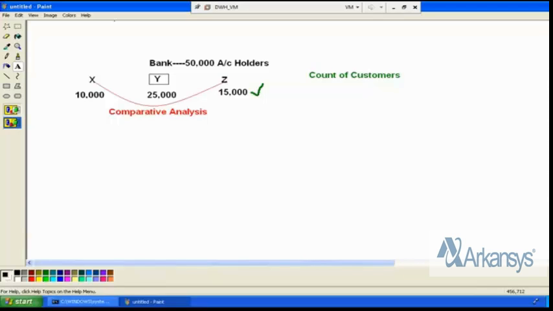But to start the branch in that location, whether it may be X or Z, first of all we need a building. In that building we need some infrastructure. Next we need some resources to work there. That means we need to spend some investment to start the branch, isn't it? Yes. We need to spend some amount to start the branch.